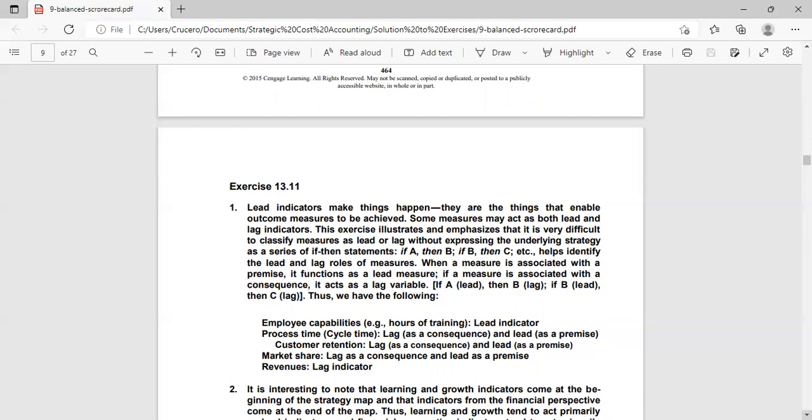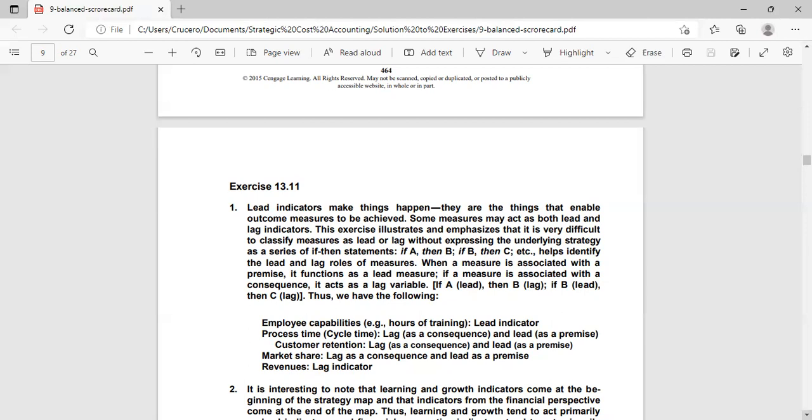So identify the lead and the lag variables and explain your reasoning in requirement number 1. The following if-then statements were taken from a balanced scorecard: A, B, C, and D.